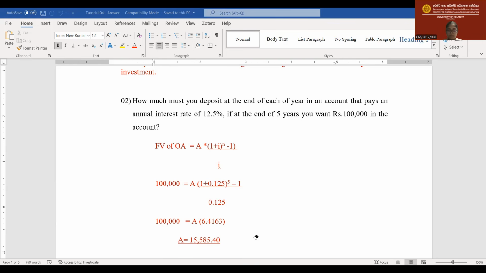6.4163, right? Because if the next digit is higher than or the same as 5, we normally add 1 to the prior value, the value before 5.